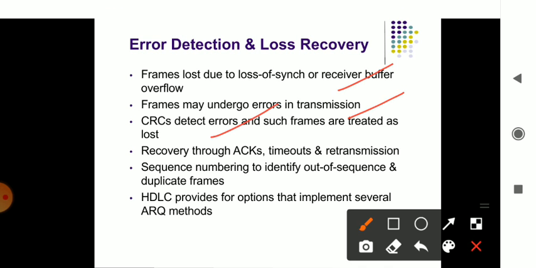And each and every time it should take a timeout when any problem is there. Then acknowledgement is necessary when information is transmitted, and retransmission if any problem is there. And the main thing is that there should be sequence numbering so that there is no duplicate. Duplicates shouldn't be there in the framing concept.